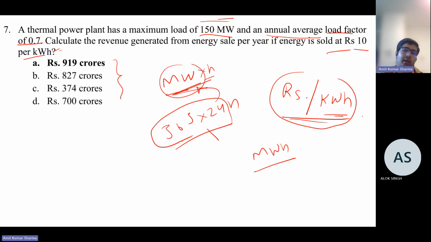Now you can convert this megawatt hour into kilowatt hour. Then you can multiply with this, and you have to also multiply the load factor, because generally you multiply 150 into 0.7, so that will be the average load on the system. After that you can find out the answer. So let me know the answer. I have given you a very good hint.